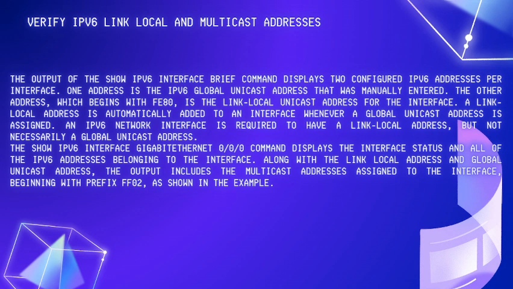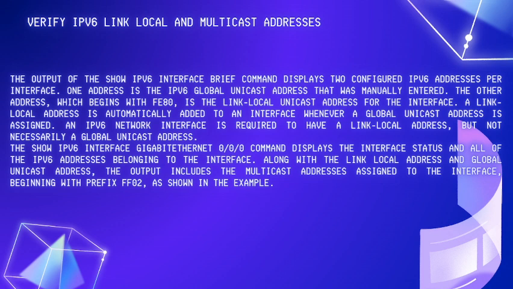So to verify the IPv6 link-local and multicast addresses, the output of the show ipv6 interface brief command is displayed to show the configured IPv6 addresses per interface. One address is the IPv6 global unicast address that was manually entered. The other address, which begins with FE80, is the link-local unicast address for the interface.